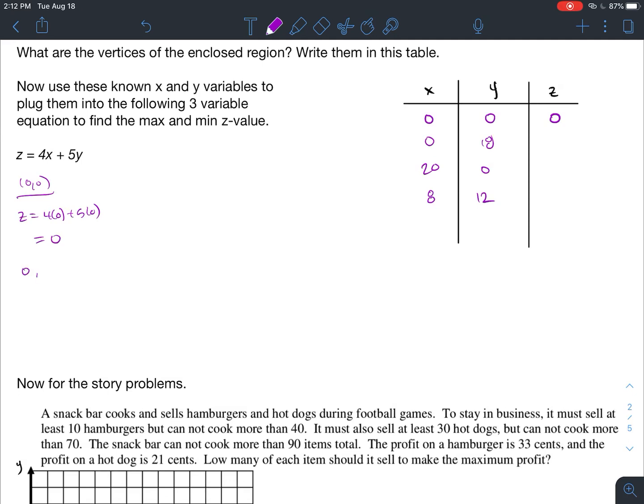Now let's try 0 and 18. z is equal to 4 times 0 plus 5 times 18. Well, that's 0, and then 5 times 18 should be 90.